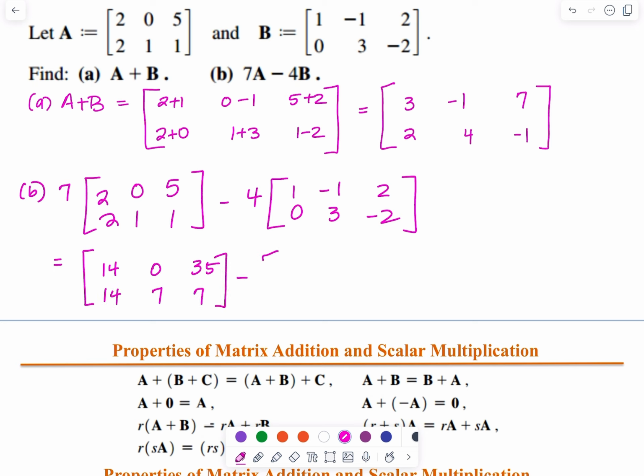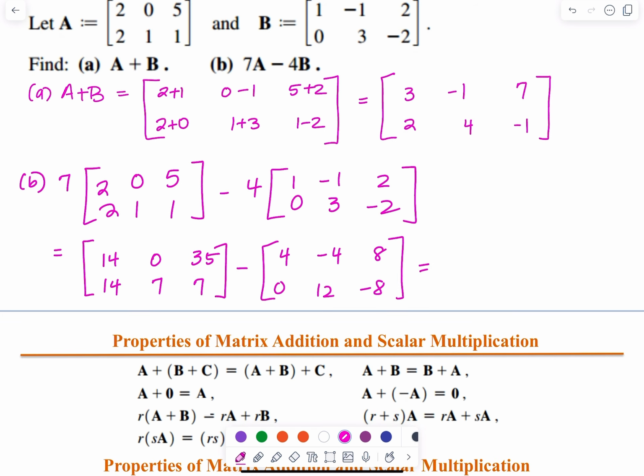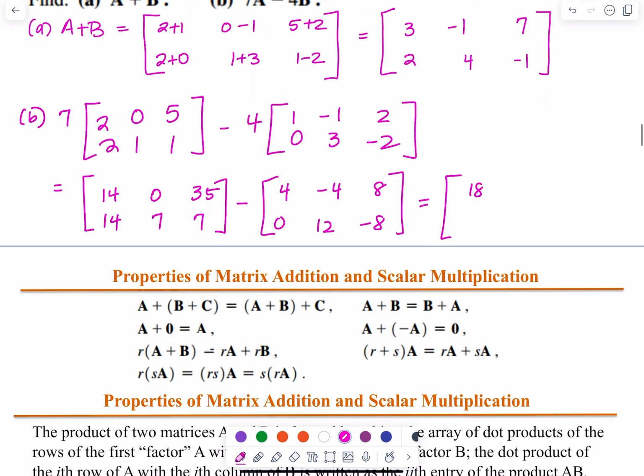And we will also multiply every entry by 4. And now we can add those matrices together, just adding each element to the corresponding, and we are subtracting each from the corresponding element.